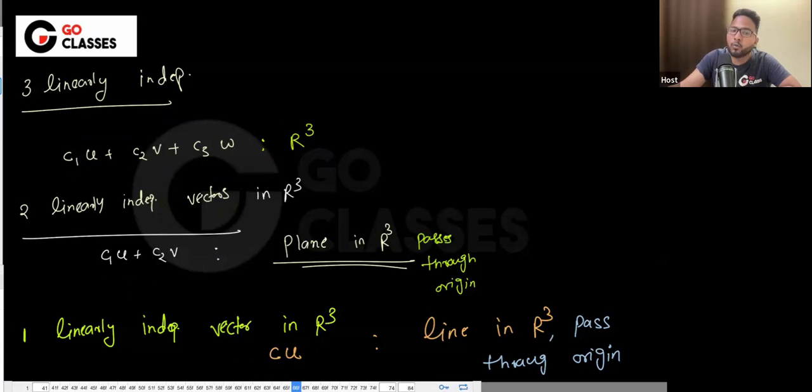Now, if I ask you what are the subspaces in R3, then you will say the possible subspaces in R3 are: R3 itself. This is a possible subspace in R3. Plane in R3, a plane passing through the origin, right?